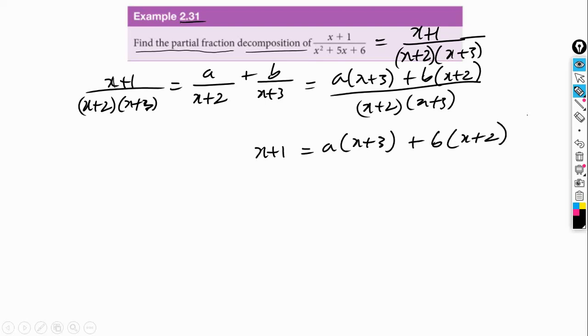And then here we can plug in values to our convenience because since this is an identity, the two sides must be the same for any choice of x. So for instance, if I want to solve for a, I can say, well, let's make x equal to -2. And then I substitute x with -2, and I'm going to get -1 is equal to a plus b times 0. Therefore, a is equal to -1.